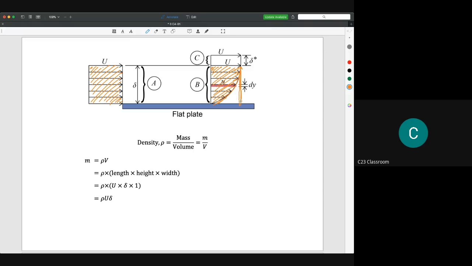To make sure that our mass is constant, we take all the mass in this area and create another area, a rectangular area, and transfer it.